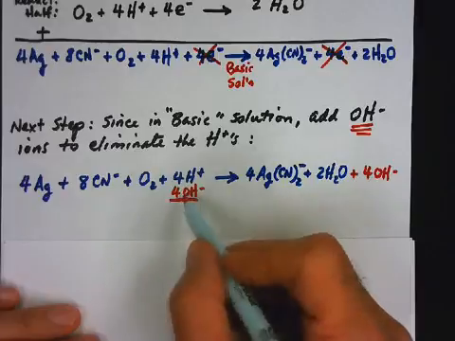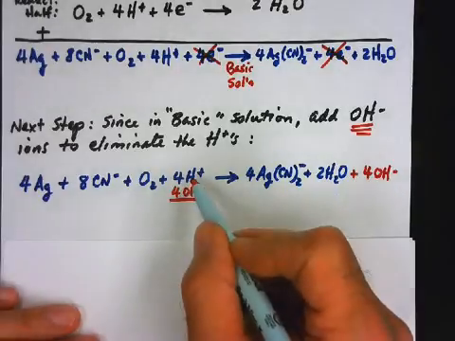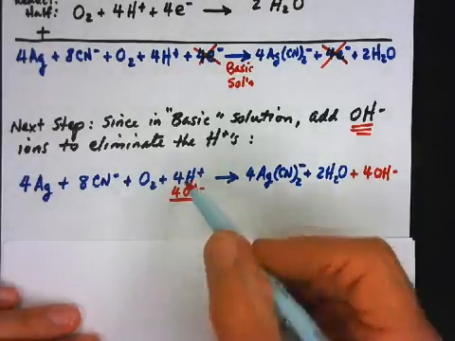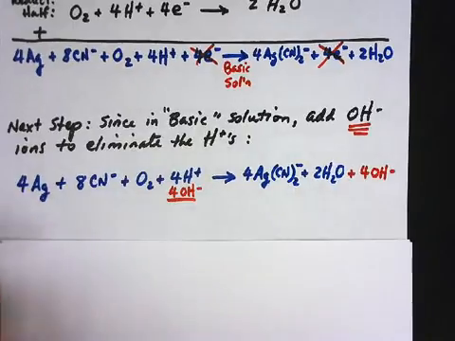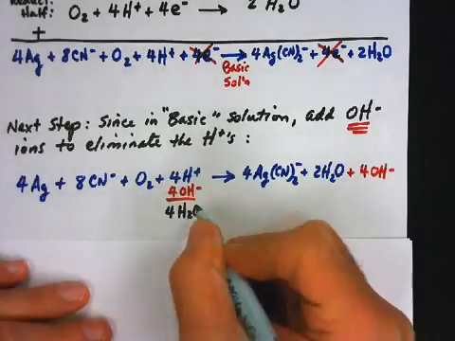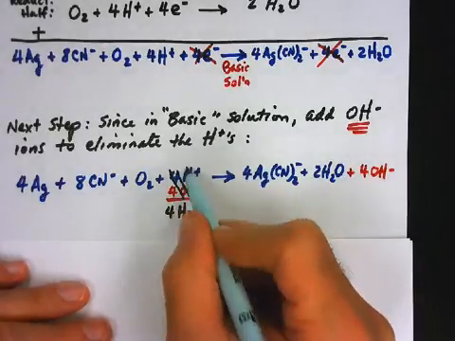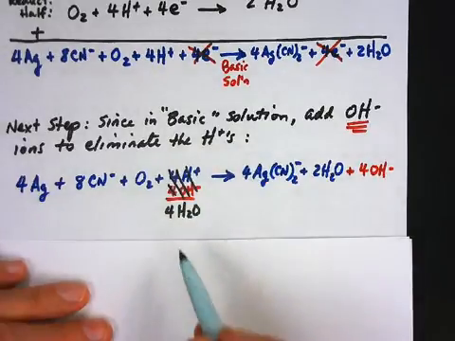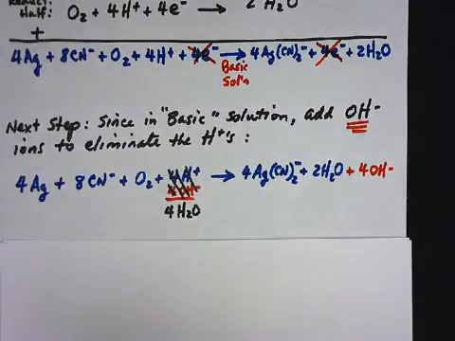What happens here? Well, OHs added to H pluses give you H2O. So we end up with 4 H2Os here, and these basically just then are used up to form those 4 H2Os.